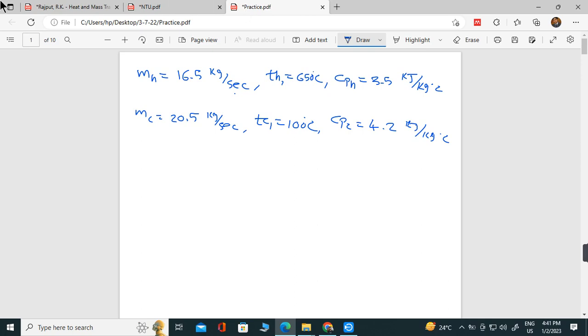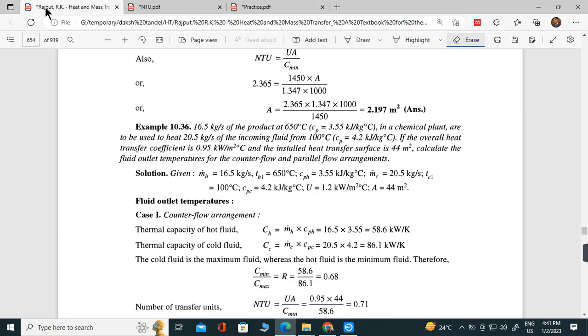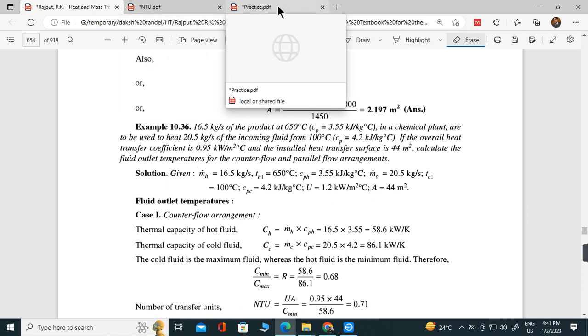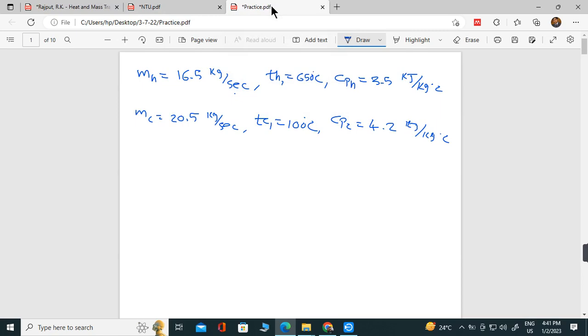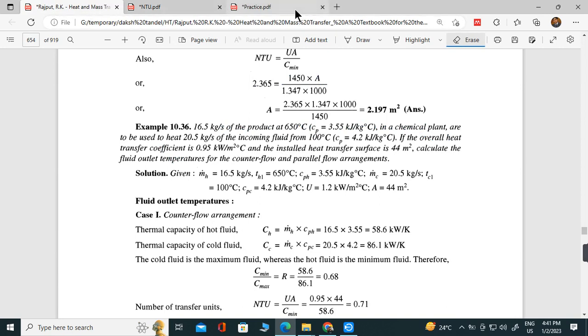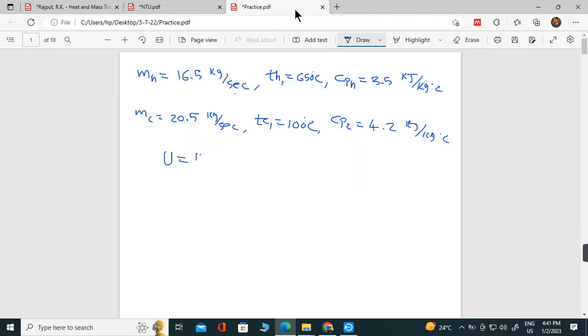Now, what else is given? The overall heat transfer coefficient U is 0.95 kilowatt per meter square degree centigrade. What is the value of U? 0.95.